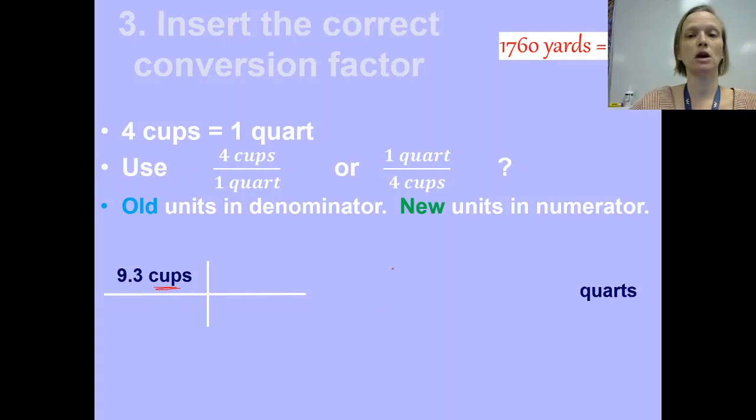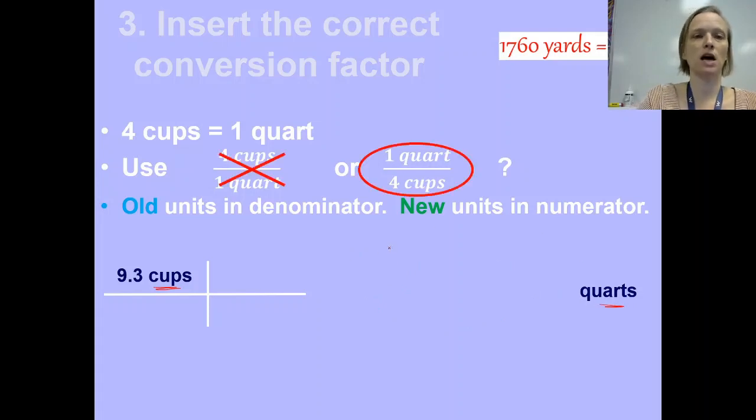My new units are quarts. So I want cups on the bottom, quarts on the top. Therefore, the circled conversion factor is the one I want to use. I put cups down below, quarts up top, and then I make sure I write the correct numbers next to those units. 4 cups is the same as 1 quart.